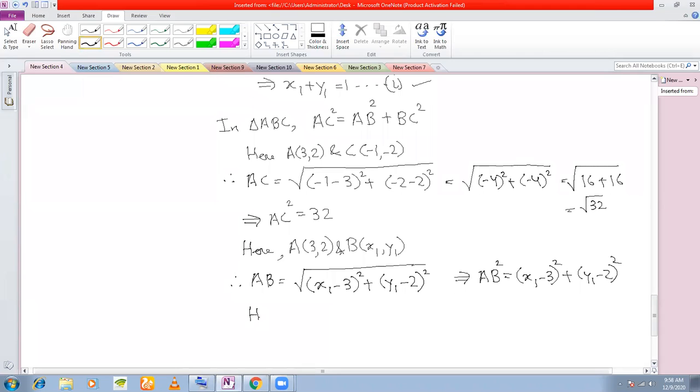Similarly, now we need to find BC. So B here is x1, y1, and C here is minus 1, minus 2.